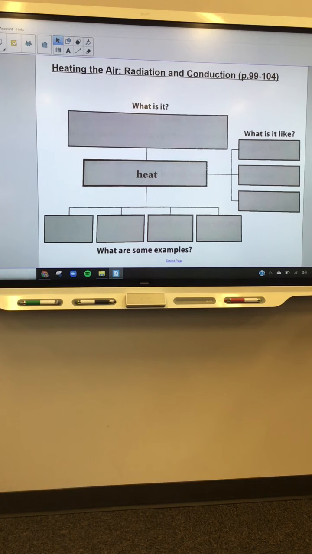Oh, I know what it is. This one, the heat particles. When the heat particles on the small. What is it like?